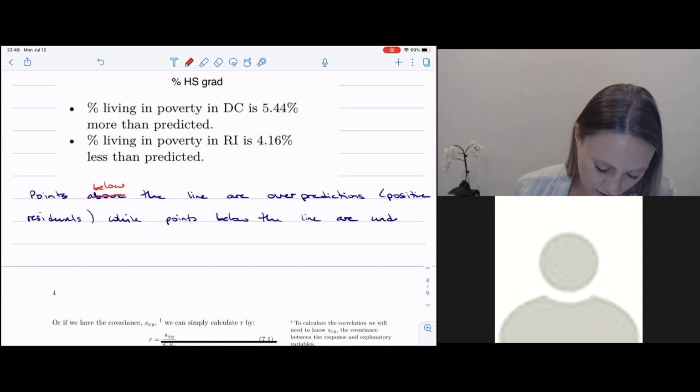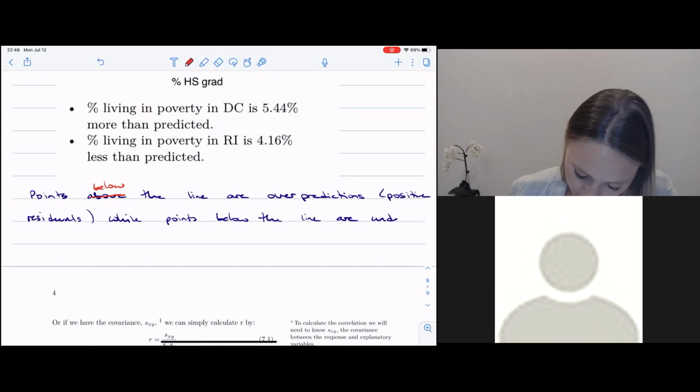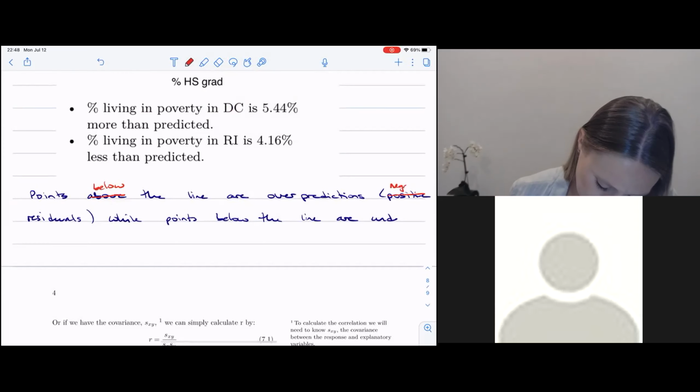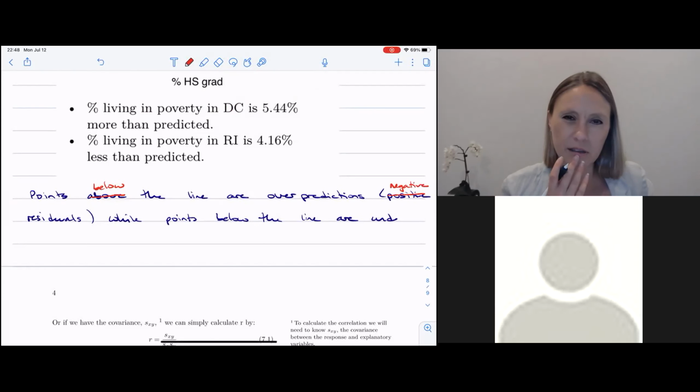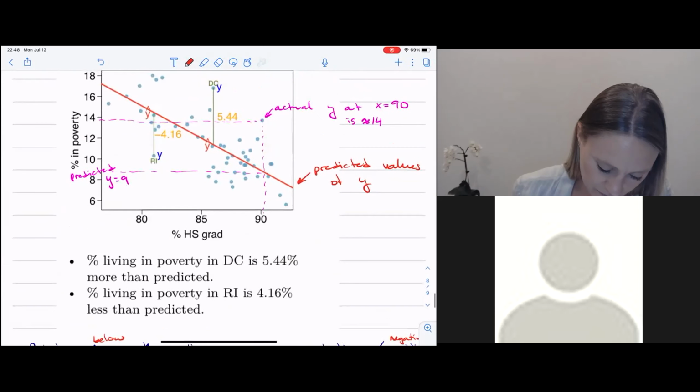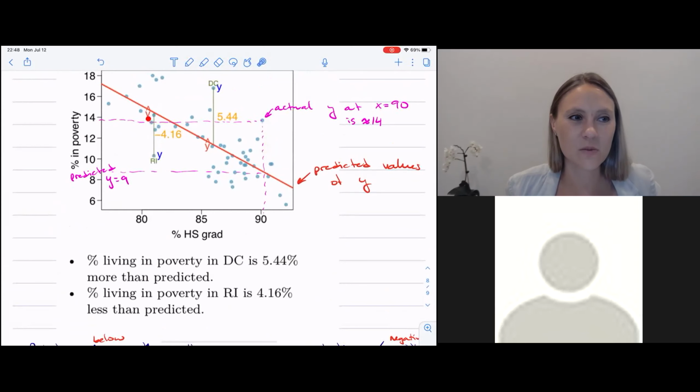Meaning we would have negative residuals. Sorry, oops. Now I need to really think about this. This was an over prediction. The point is below the line, and it's actual minus predicted. My actual is 10, let's say, and my predicted is 14. 10 minus 14 is a negative number, right? So you can always kind of talk your way through it. Yes, I had to do it myself, and that is totally fine.